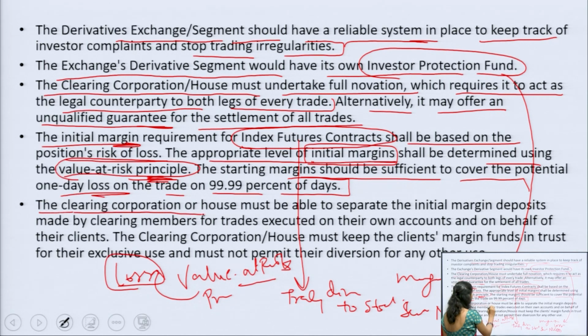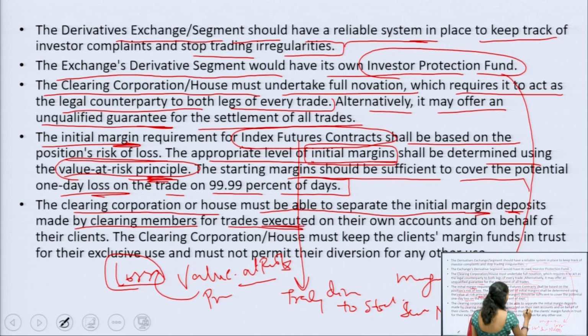Next point is clearing corporation house must be able to separate the initial margin deposits made by clearing members for trades executed on their own account. So they should have some separate deposit, because sometimes investors don't know about the losses they will be facing later on.